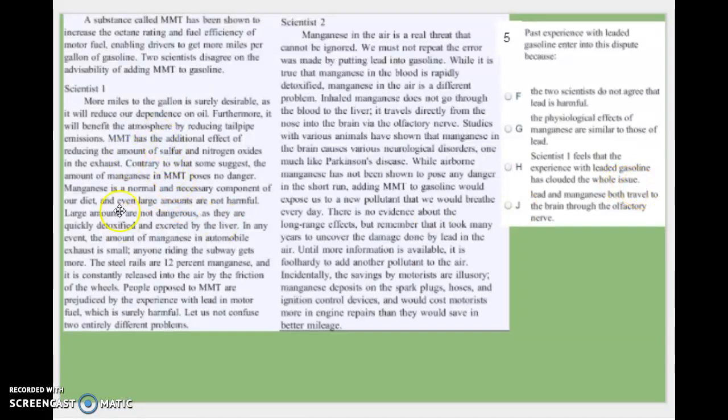Well, yeah, he says the only reason we're worried about this is because lead was such a big deal. So that one works. And then lead and manganese both travel to the brain through, well, that doesn't even have to do with lead, really. So, no, not J. Leaving us with H. Only reasonable one.